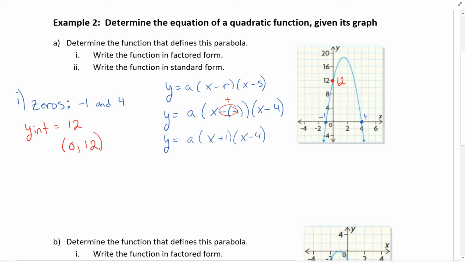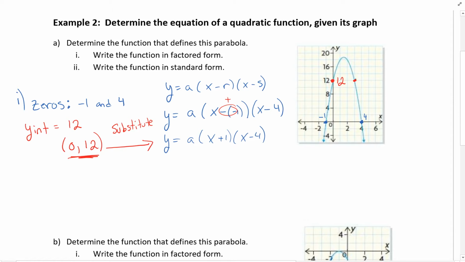Why is that useful? We're going to use this and substitute it into here, so that if we use any x and y coordinate, any one that we have on there, we'll get our a value. So could I have plugged in, let's find another point, 3 and 12?